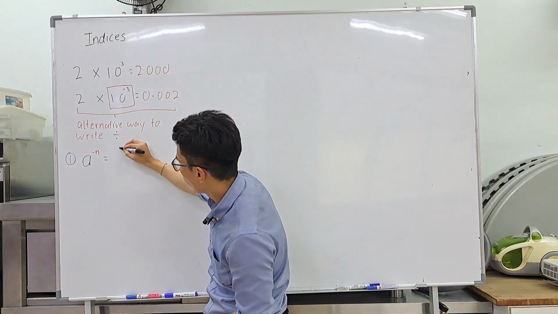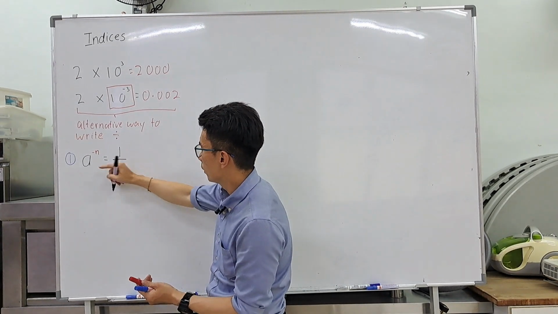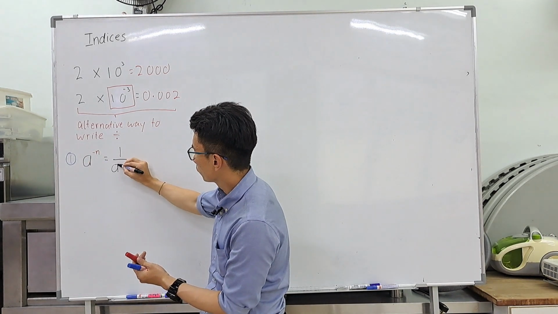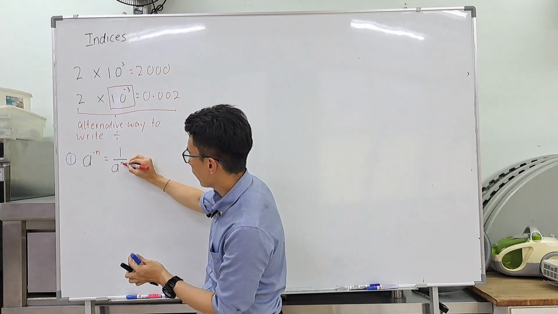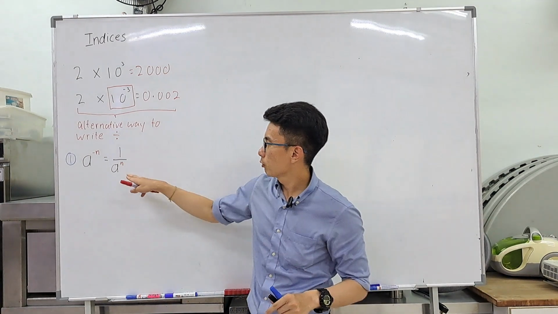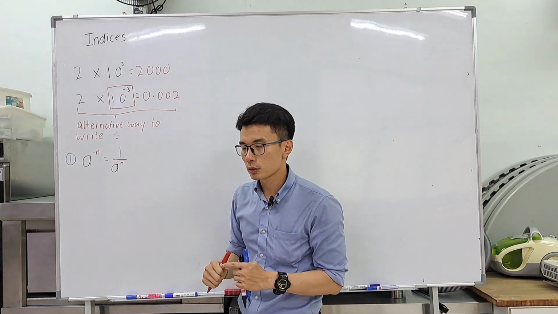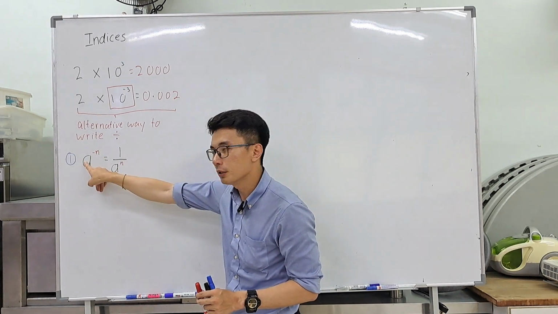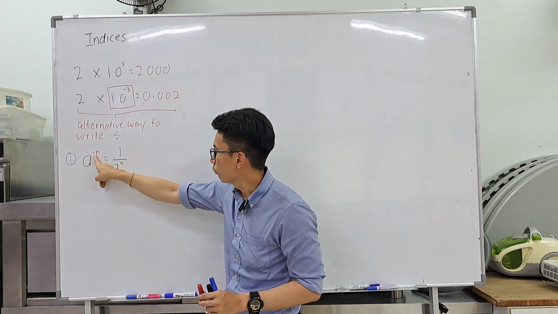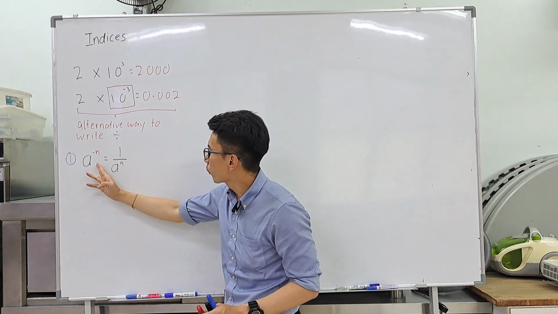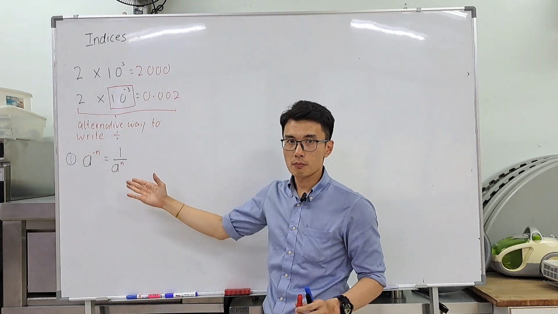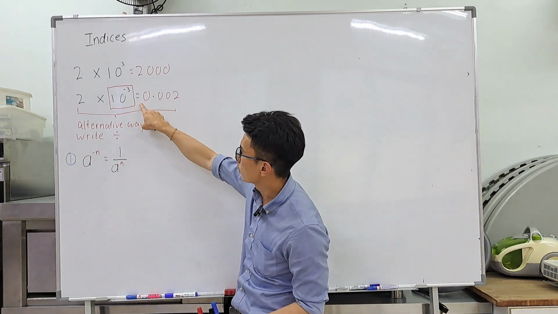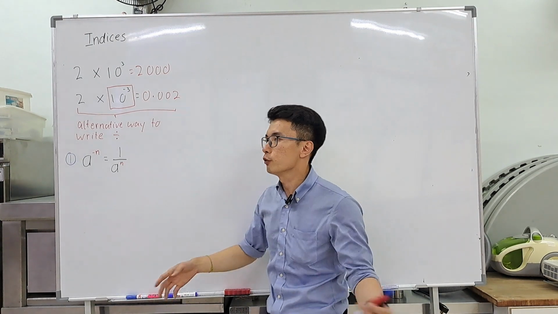We write 1 over, and then we follow back a to the power of n. This is the first rule in indexes, which is very important. Again, if I have a number to a negative power, I can rewrite this as a fraction. Now let me show you, based on this first rule, how this operation is actually a division.